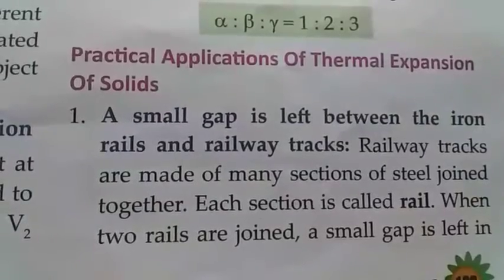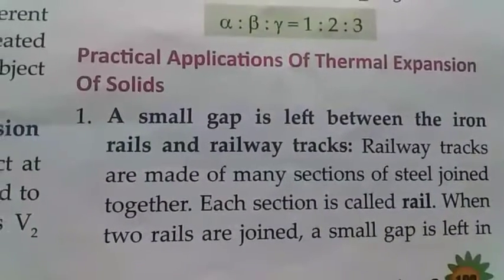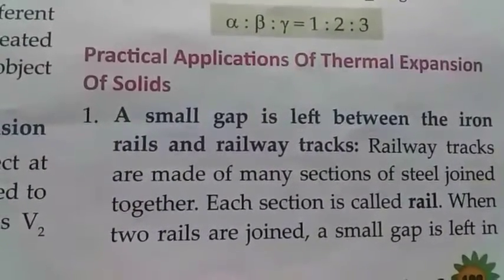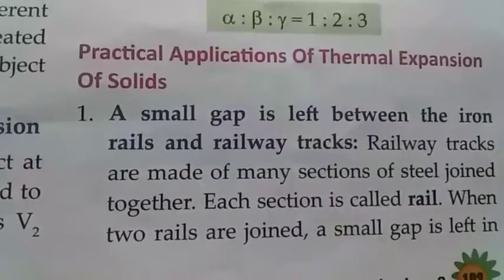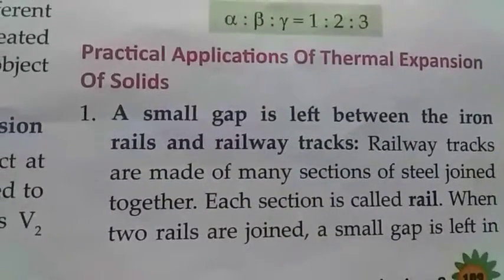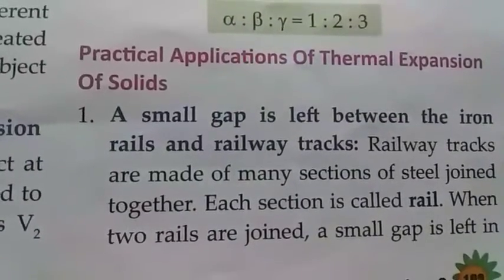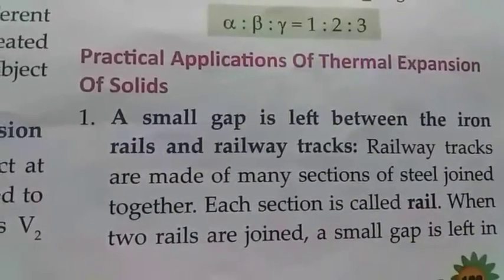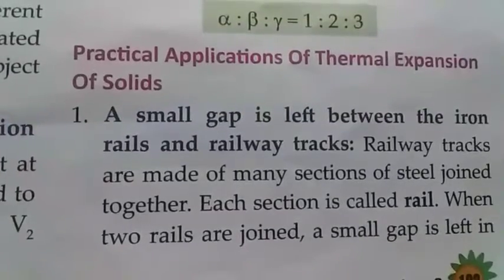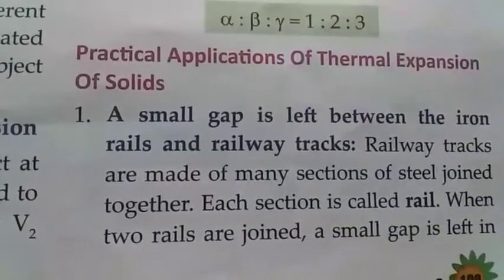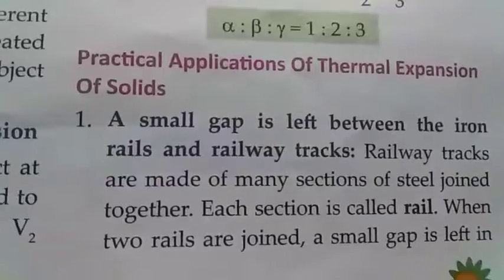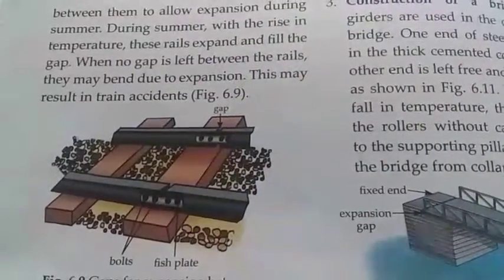The railway tracks are made of many sections of steel joined together, and each section is called a rail. When the rails are joined, a small gap is left in between them. Why is the small gap left?